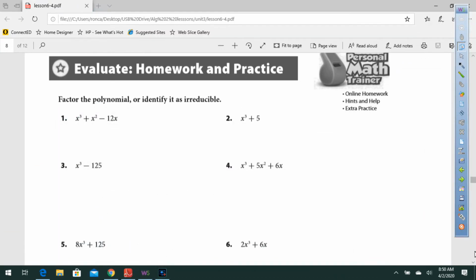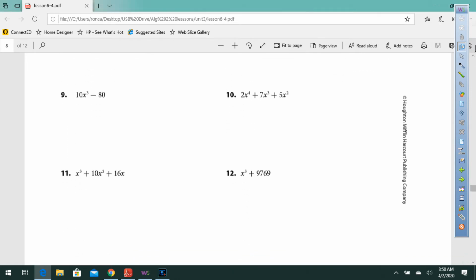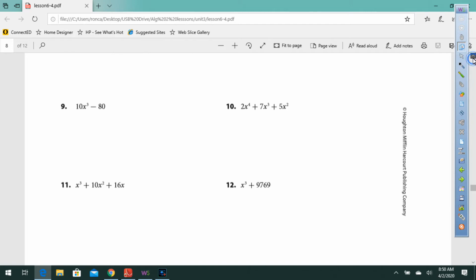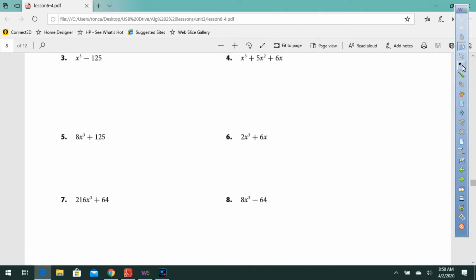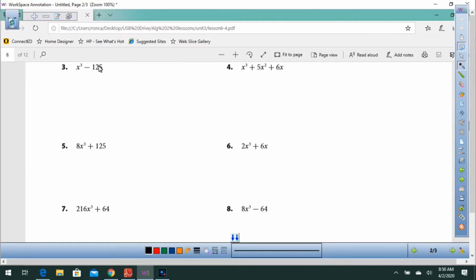All right, good job, folks. Let's try number 3. What do we got here? x cubed minus 125. Step 1, greatest common factor, and that would be 1. No other greatest common factor. Step 2, how many terms? 2 terms. So we look at the x cubed.